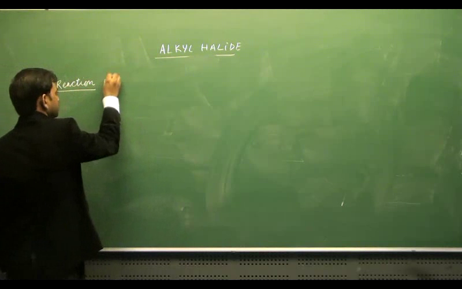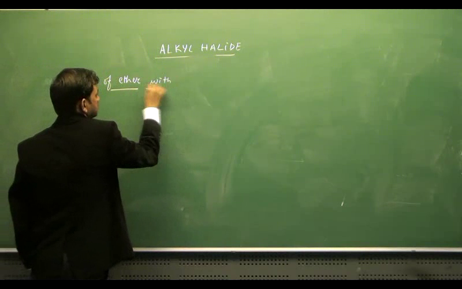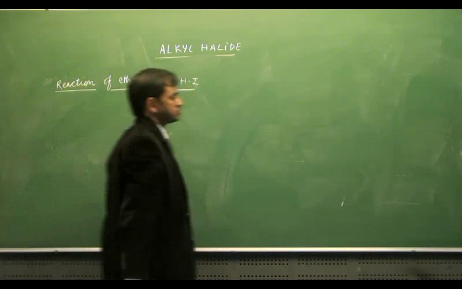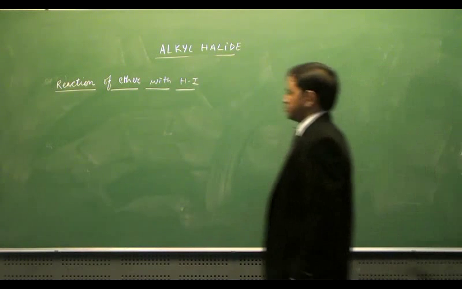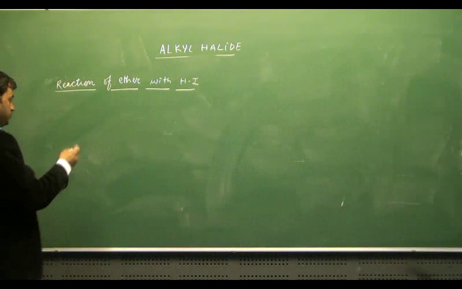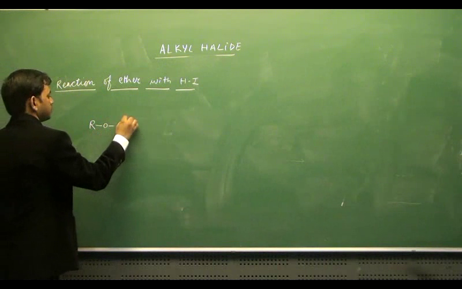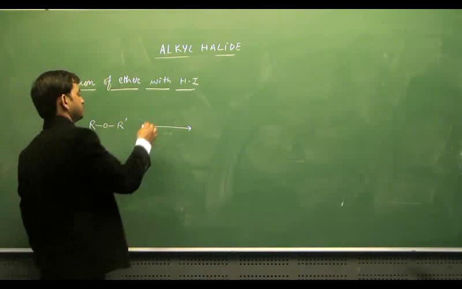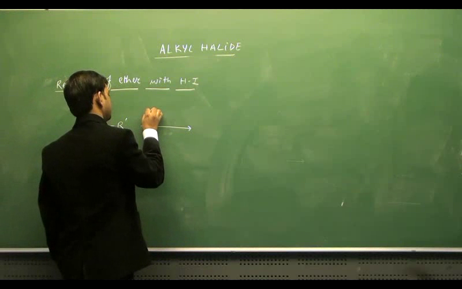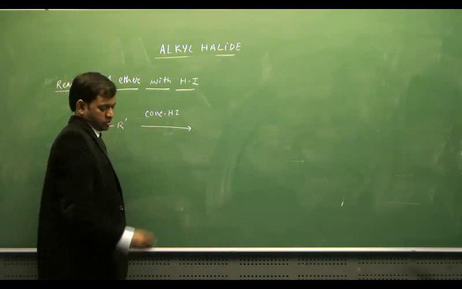Reaction of ether with HI. Ether with HI comes in two cases: one, it is concentrate HI, another it is anhydrous.